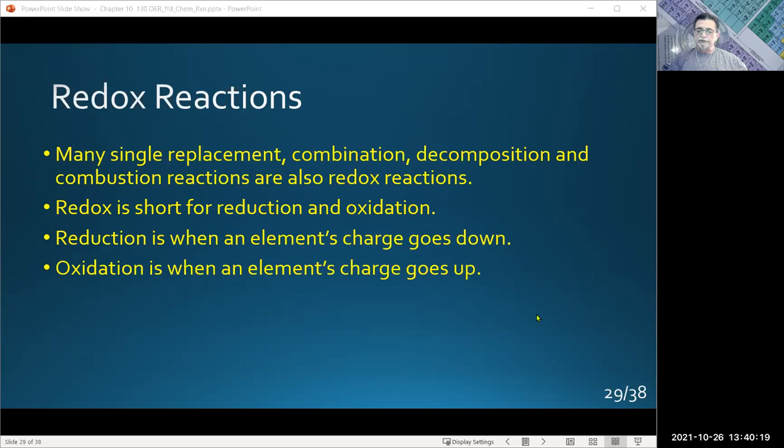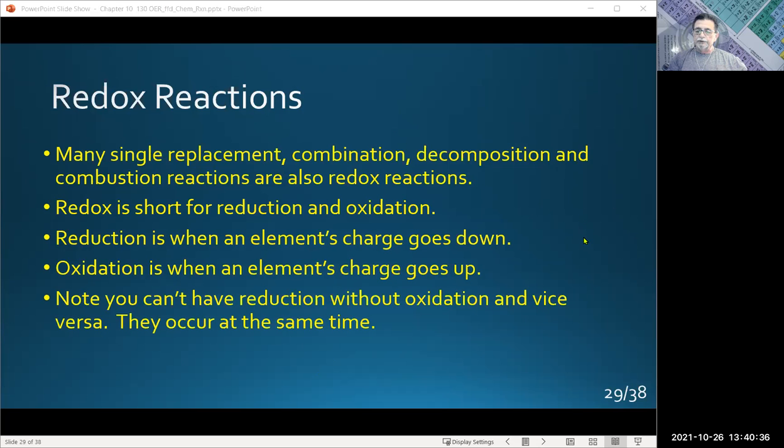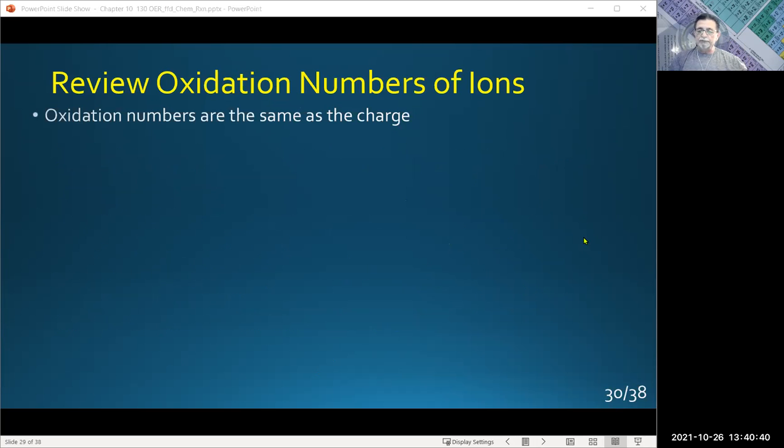In essence, a reduction is when an element's charge goes down, whereas oxidation is when the element's charge goes up. You can't have one without the other. They occur simultaneously.